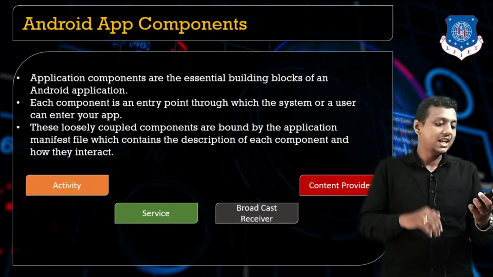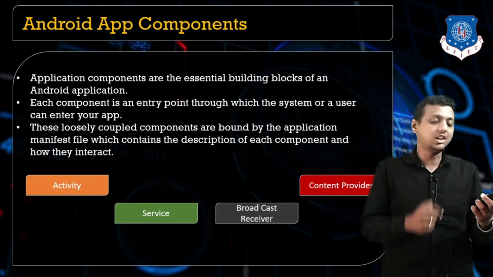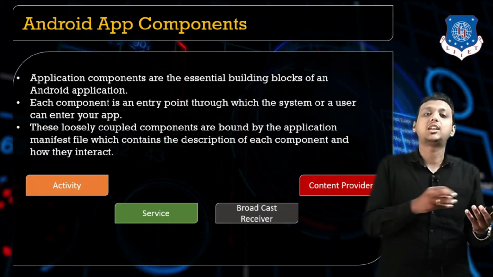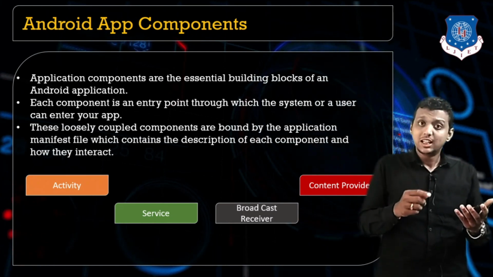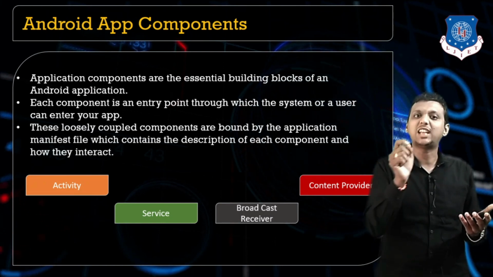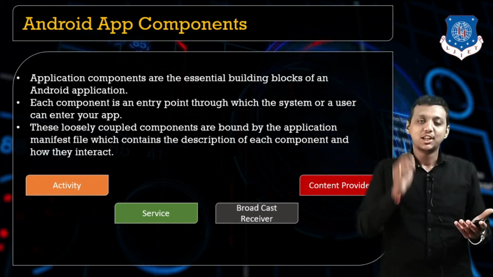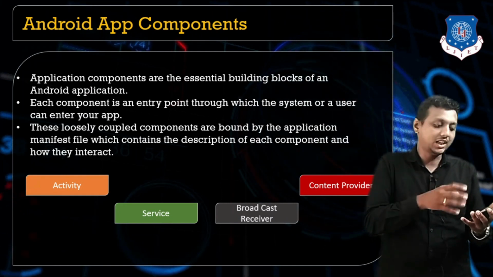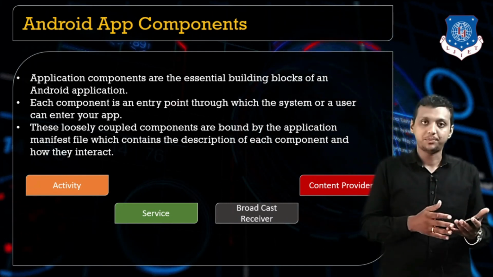When I swipe back and click on status, I can see the status. Whatever the user can see and touch is known as an activity. That's why the activity is known as a tangible component. So whatever you can see in an Android application is termed the activity.